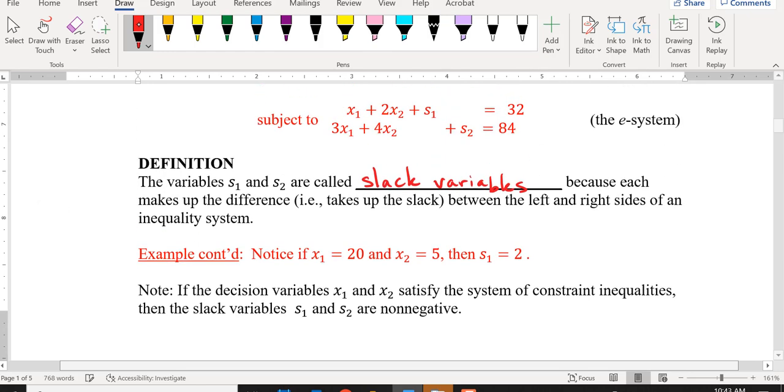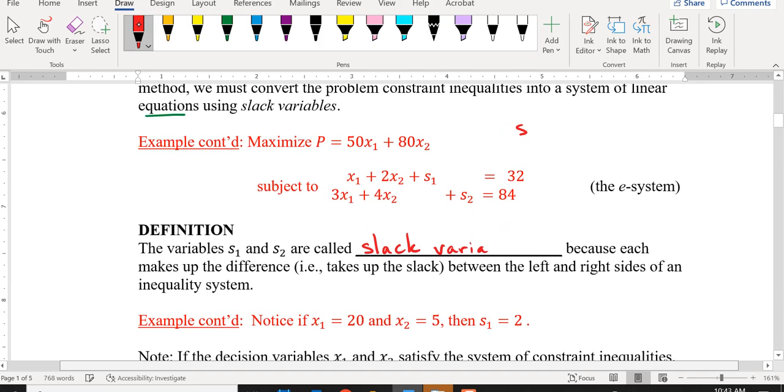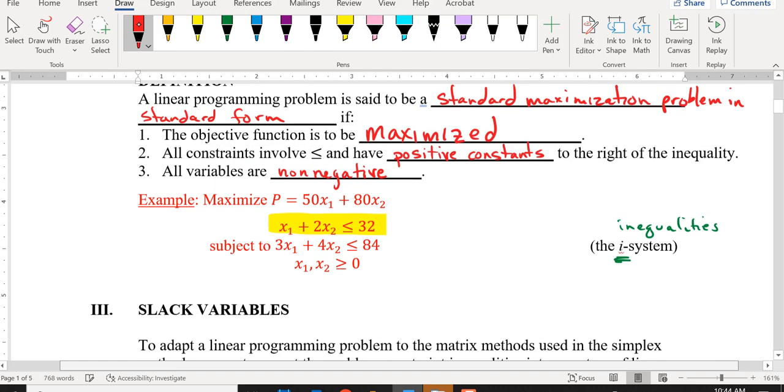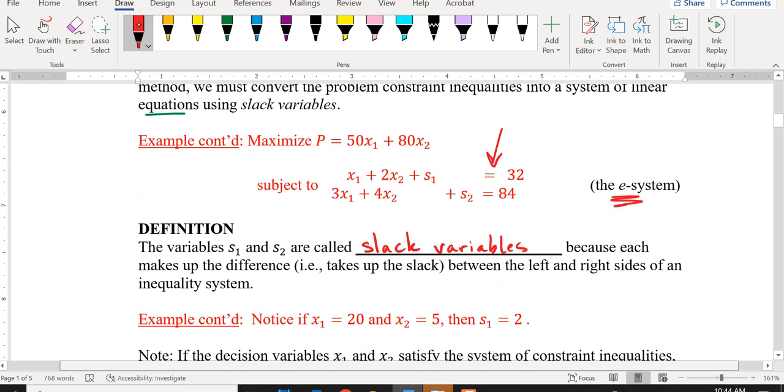Okay, notice when you introduced slack variables, it turned it into an E system because there are equations. All right, you start with an I system. You've got to make sure it's in standard form. Then you introduce slack variables and turn it into an E system. We're good on how to do that.